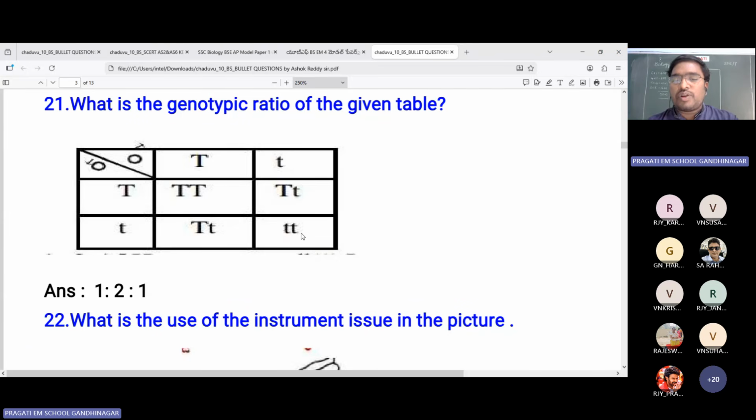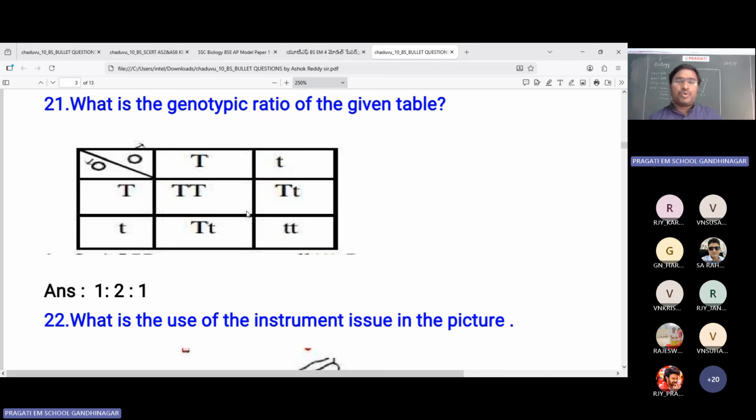This is also a homozygous trait, but it is dwarf, and capital T capital T homozygous trait is homozygous tall. Okay, children. So basing on that, homozygous tall 1, heterozygous tall 2, homozygous dwarf 1. So the genotypic ratio is 1:2:1.